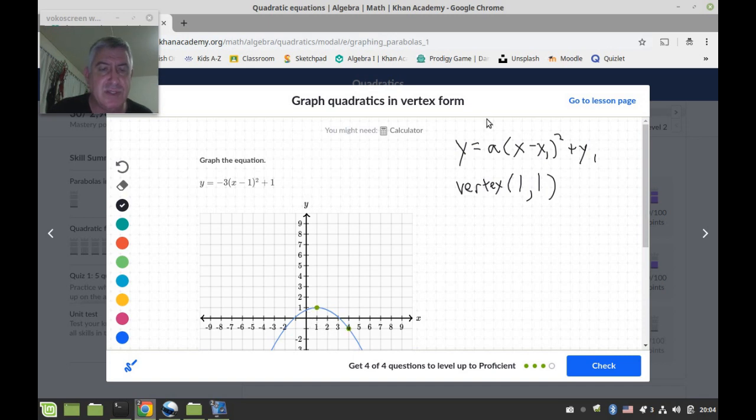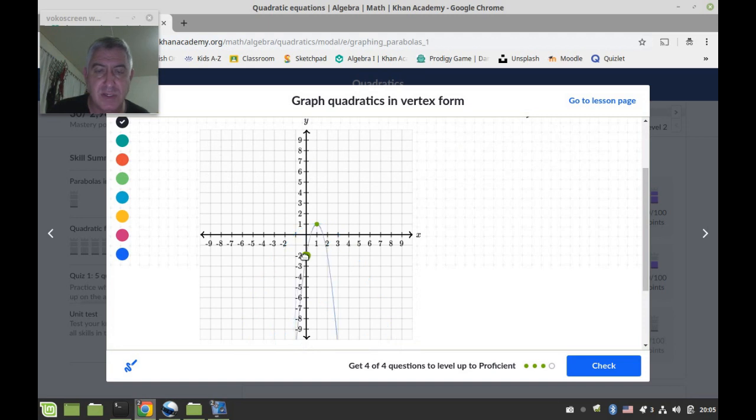What happens if I just put in 0? 0 is an easy number. So 0 minus 1 squared times -3 plus 1 is equal to -3 plus 1, which is equal to -2.